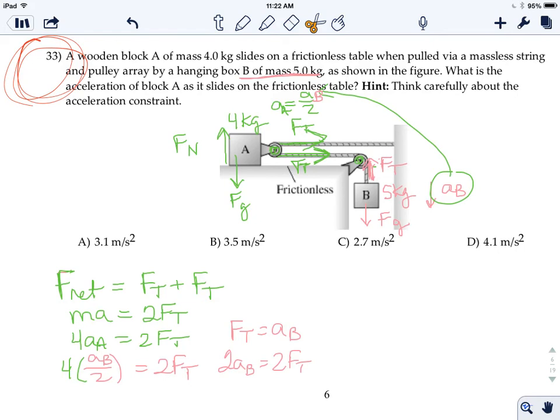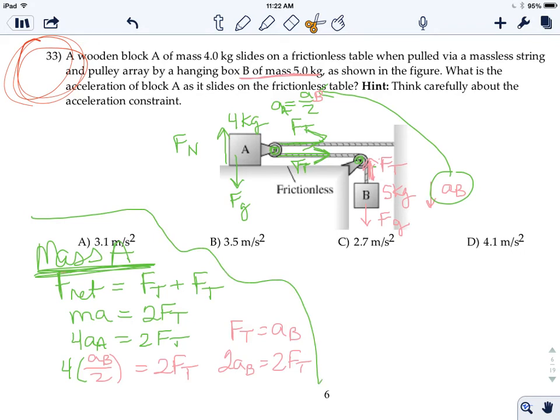So that's just dealing with our green mass A. All of this is about mass A. So far so good?